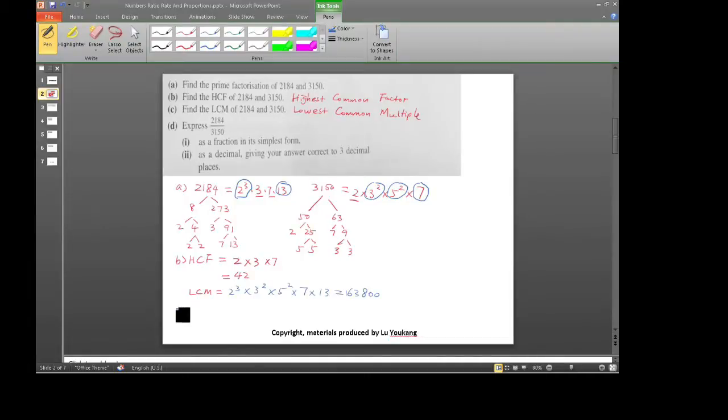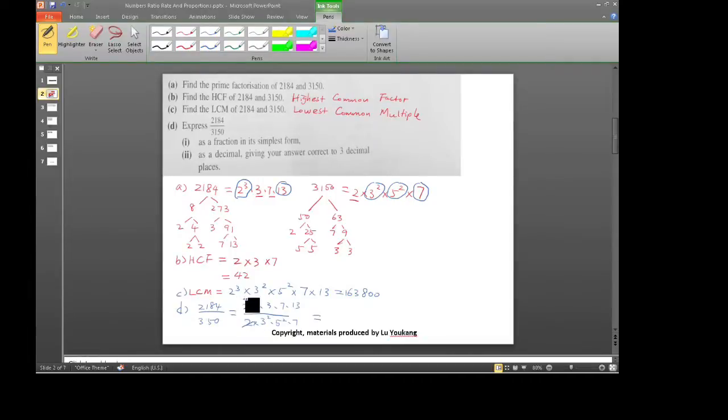163,800. Okay, now we are asked to express 2184 over 3150 as a fraction in its simplest form. Once again, you can make use of the prime factorization of these two numbers, that means the answer from part A. So you can cancel similar terms top and bottom.